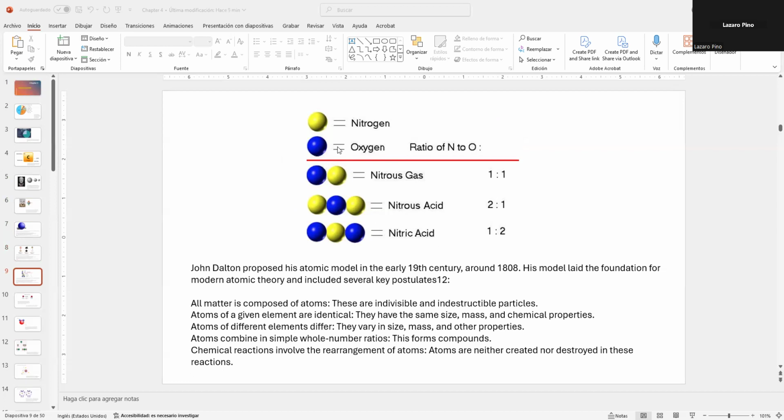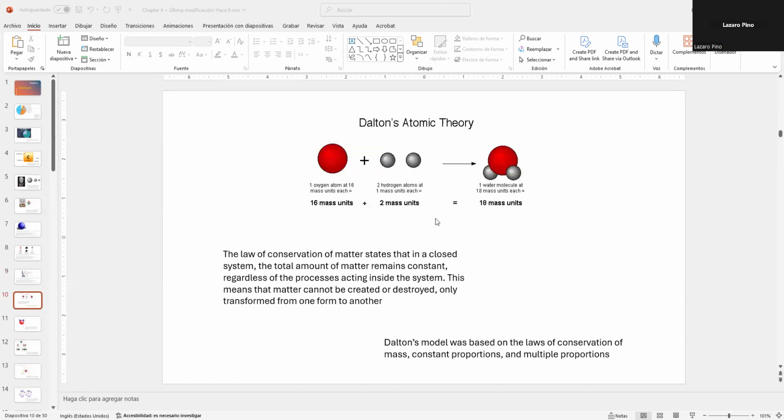But it happens that, for example, nitrogen and oxygen can be combined in different ratios. For example, nitrous gas is 1 to 1, nitrous acid is 2 to 1, and nitric acid is 1 to 2.